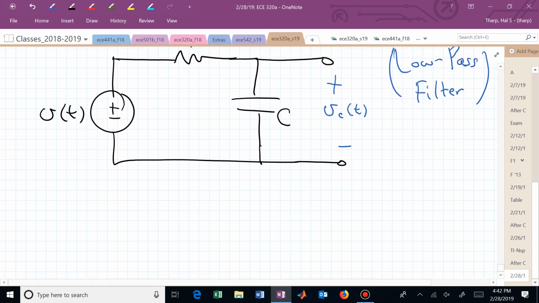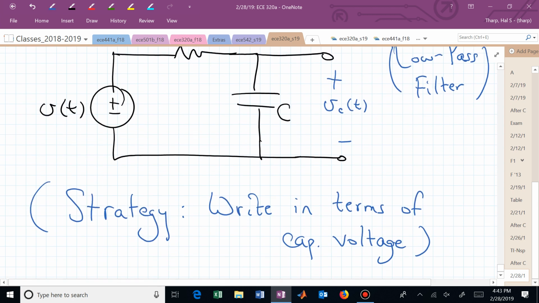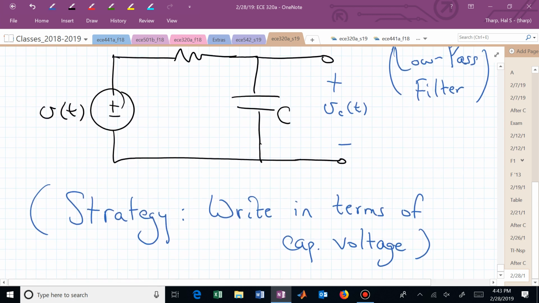So our strategy here is to write our equations in terms of the capacitor voltage. That's our strategy.